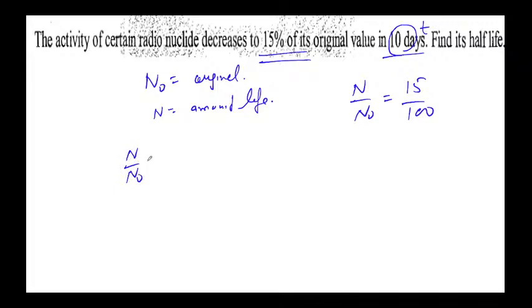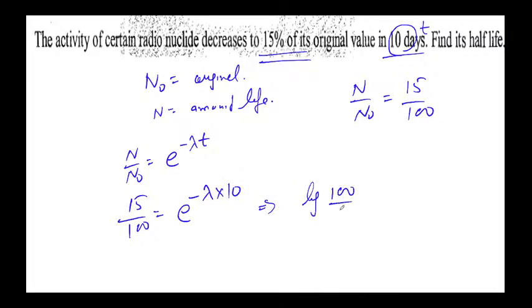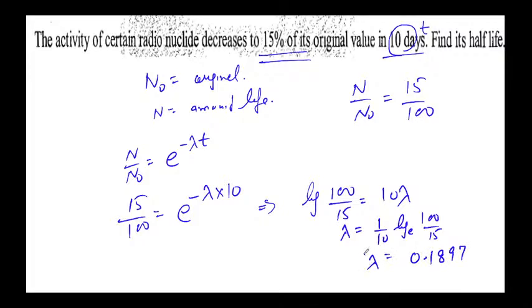So N over N naught is exponential of minus lambda t, so 15 over 100 is exponential of minus lambda into 10. So log of 100 over 15 is equal to 10 lambda, so lambda comes out to be 1 over 10 log e of 100 over 15, that is 0.1897.